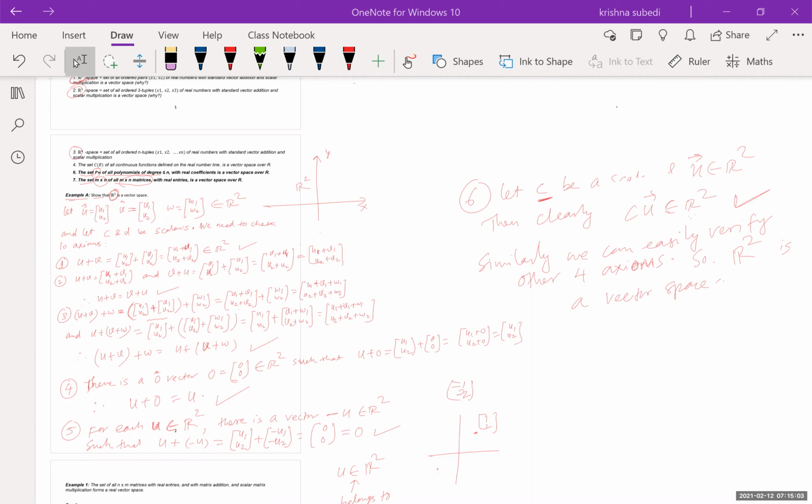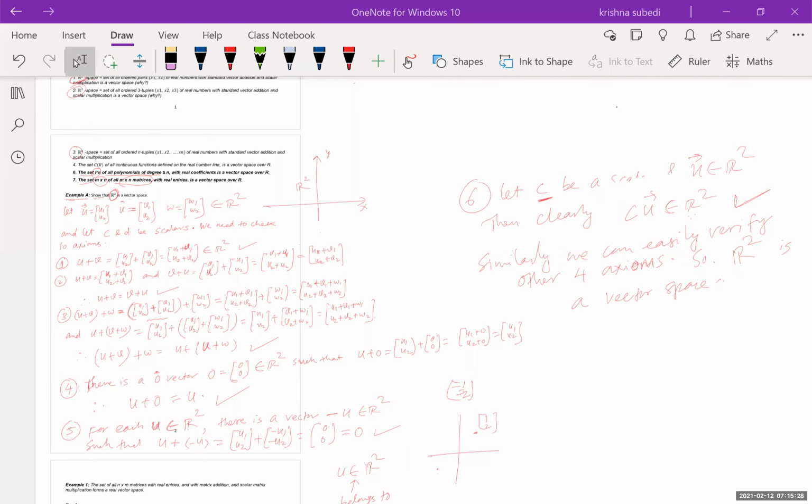So now you got the idea how to check whether the given space is a vector space or not. So how we define vector space is that a space whose objects satisfy all those 10 conditions will be a vector space. If it failed any one of the 10 conditions, if it just failed one condition out of 10, then that cannot be the vector space, okay?